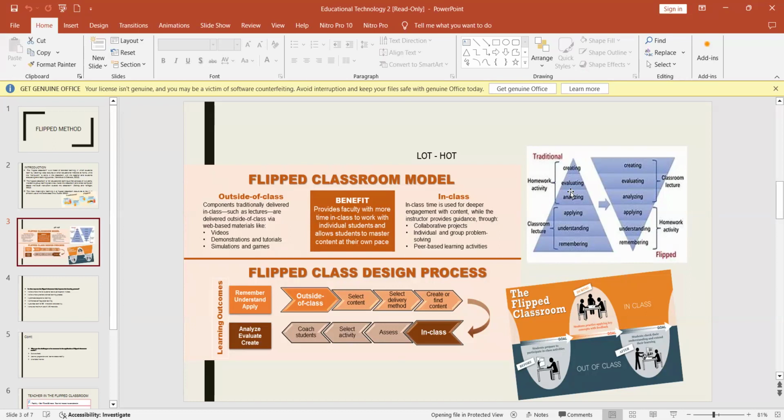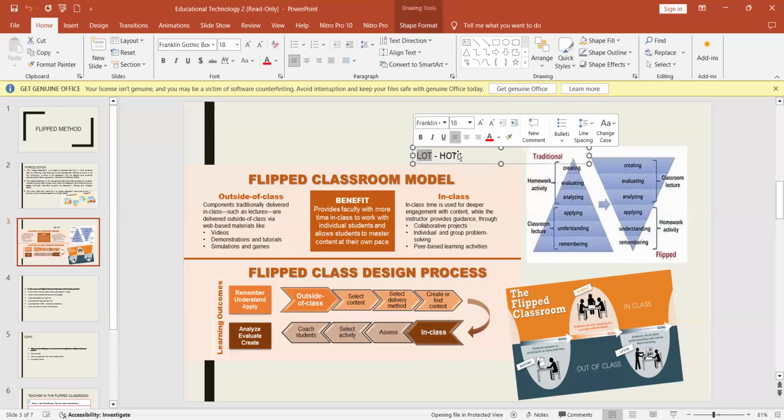Right? So we do the lower order thinking activities and higher order thinking activities. Lower order thinking activities, LOTS, right? Higher order thinking activities, HOTS. What are lower order thinking activities? Just remembering, understanding, and applying. You explain things.